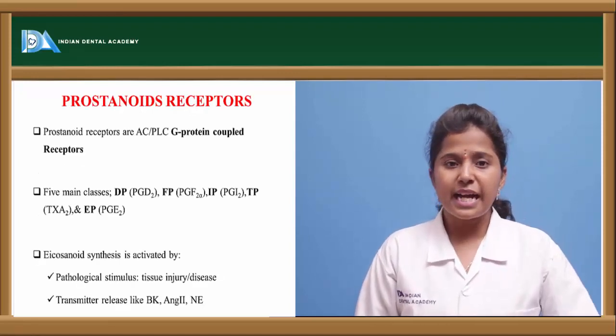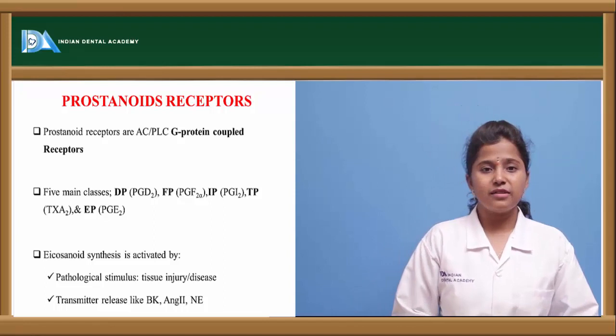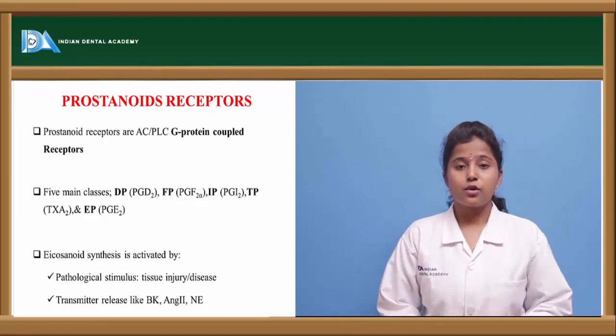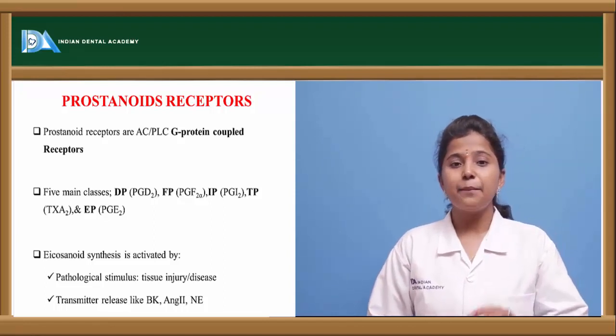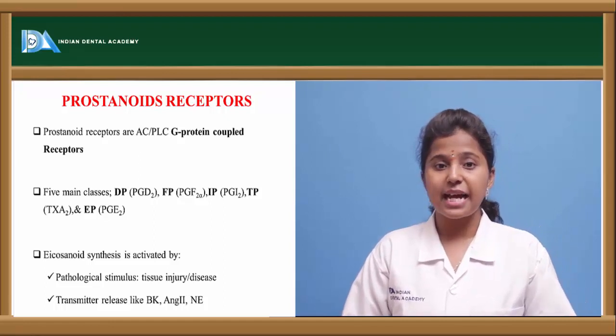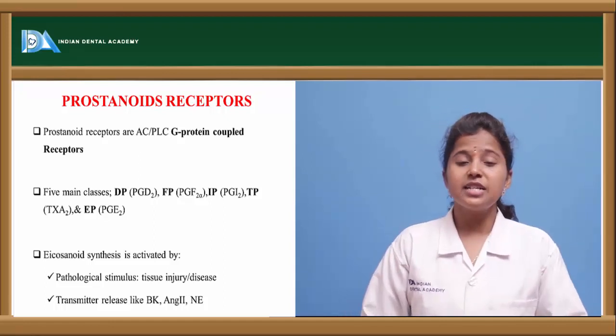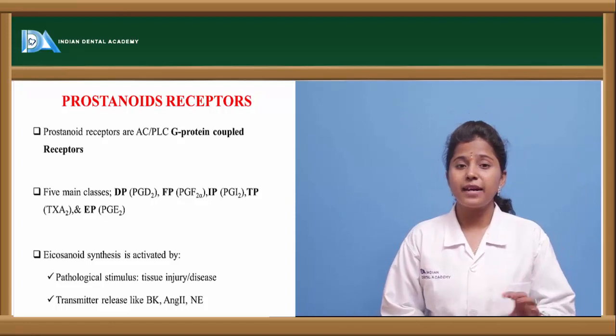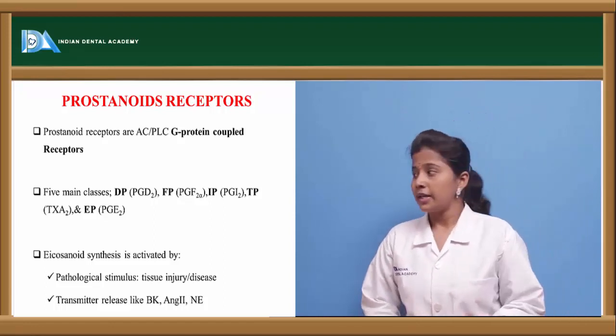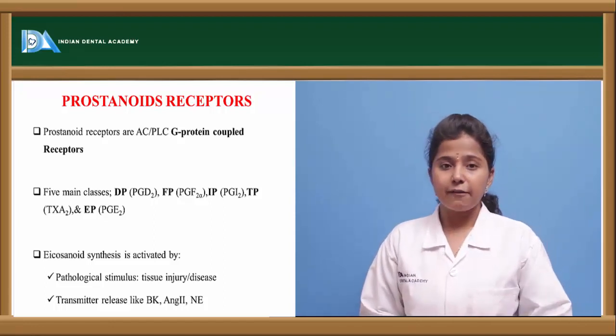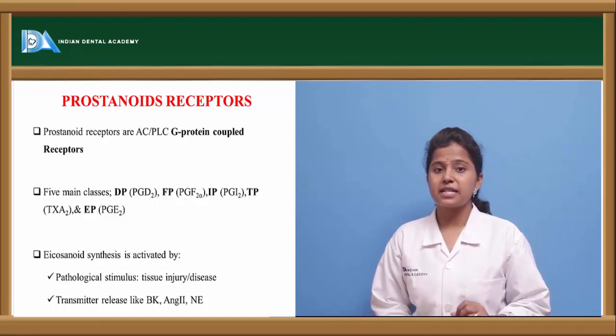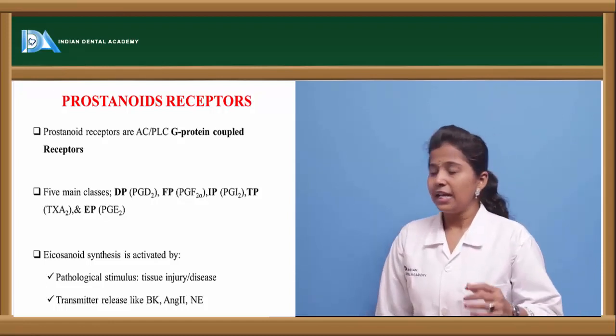These prostaglandins need some medium by which they act. So these prostaglandins mainly bind to the prostanoid receptors and exert their action. There are 5 types of prostanoid receptors. That is DP receptors, FP receptors, TP receptors, thromboxane receptors and EP receptors.